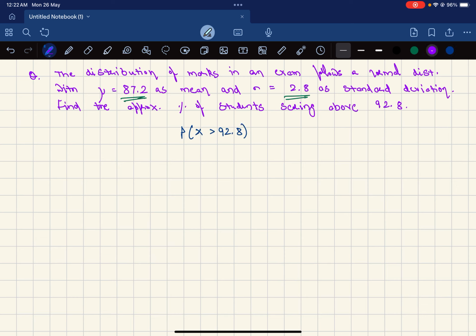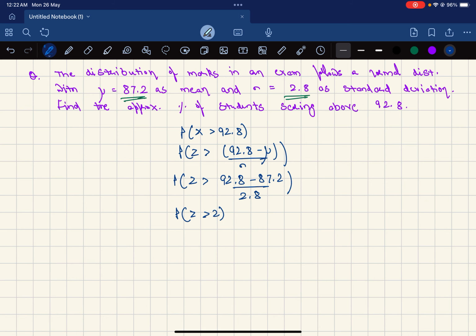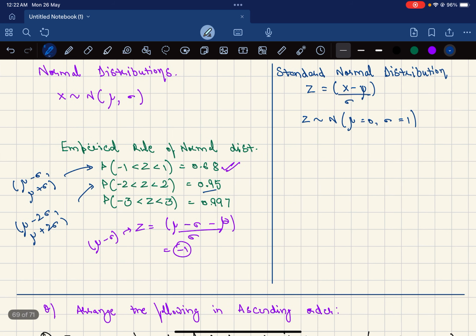Once again we convert it into a z score. So we have P(Z > (92.8 - mu)/sigma), which is P(Z > (92.8 - 87.2)/2.8). This becomes P(Z > 2), which we already computed in our previous question.